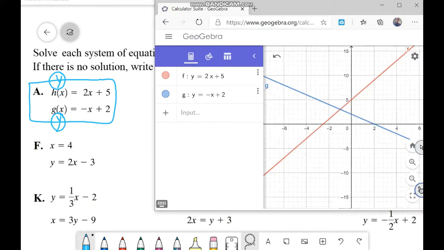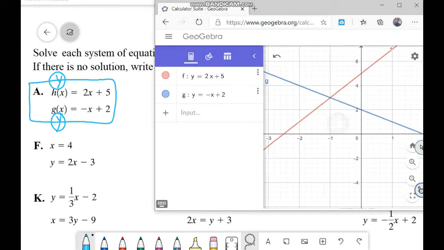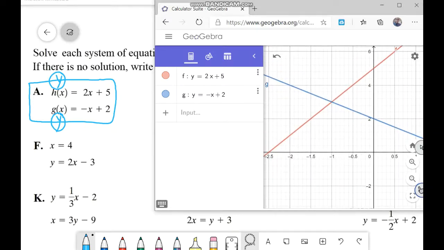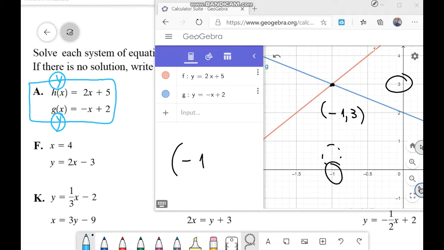The intersection is this. X equals negative 1 and y equals 3. This is the intersection, negative 1 and 3. This is going to be the answer.